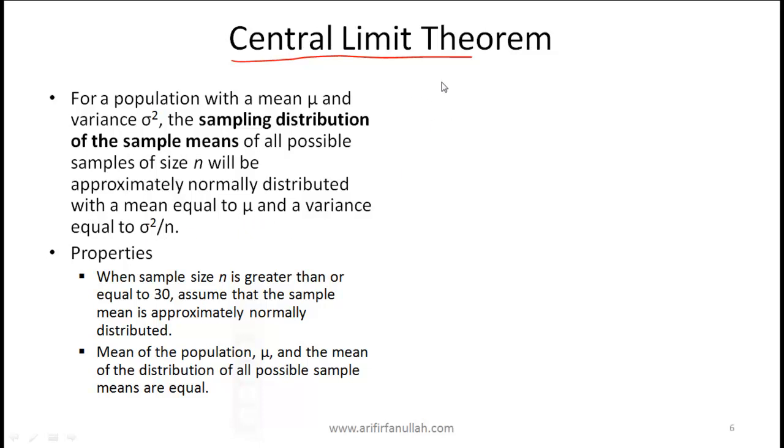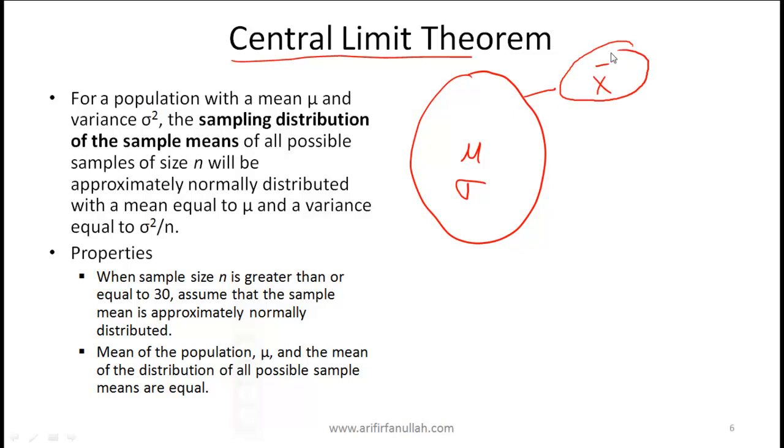So continuing with our example, if this is our population, the same population of 1,000,000 stocks, let's say that this population has mean mu and standard deviation equal to sigma. What this is saying is that for the distribution of x bar, which is basically the many samples that we draw with n equal to 100, what will that look like?